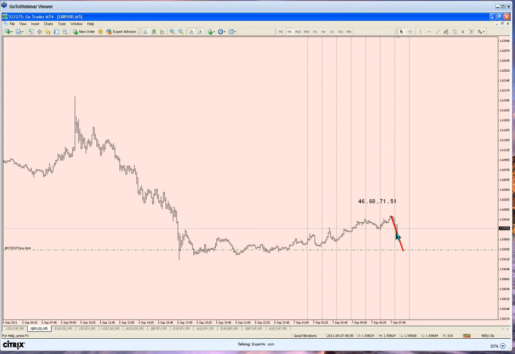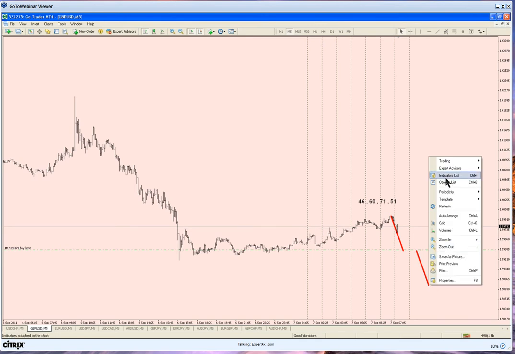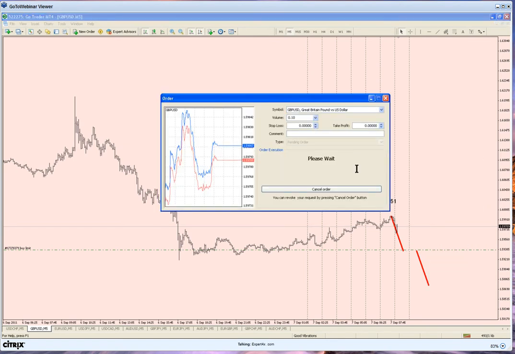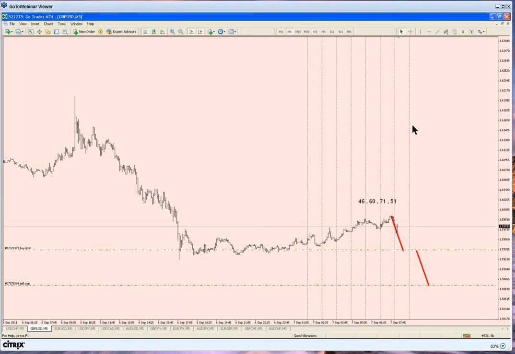And then I'm going to put a stop in, because after yesterday's 1,000 pip run on the franc, you don't want to be trading without a stop. So we'll put the stop in there, and this is a buy limit, so it will be a sell stop. Okay, there we go.